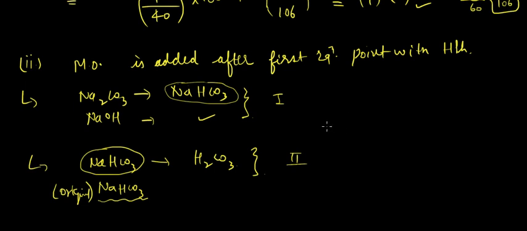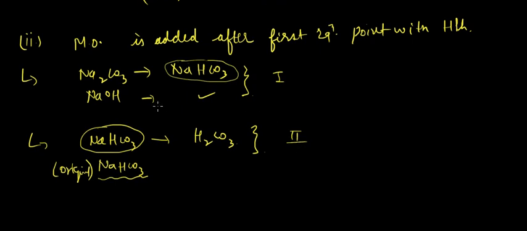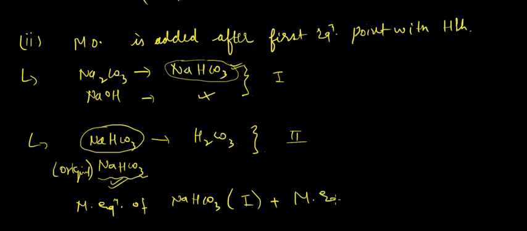Okay, so at the second equilibrium point what will happen is, this won't be there, only this one and this one would be there. So we have to add the milliequivalents of NaHCO3 from the first step plus milliequivalents of NaHCO3 which is originally present.